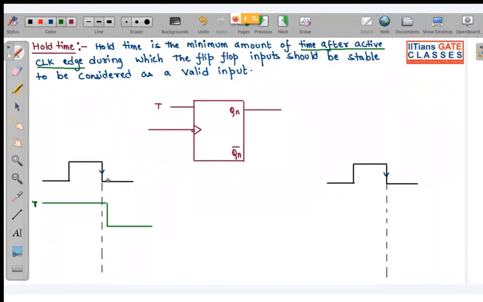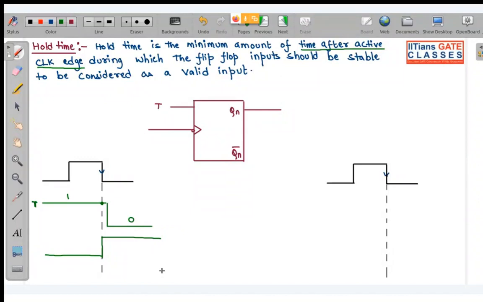We were only focused on the input at this particular clock edge, not before or after it. Particularly at the clock edge, we were concerned about what our input is. Here T is 1 at this clock edge, so if I assume Qn is 0 initially, it will toggle at this clock edge. This was the previous case up till now.